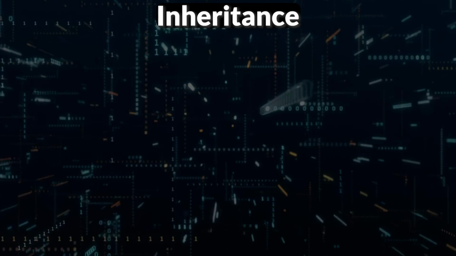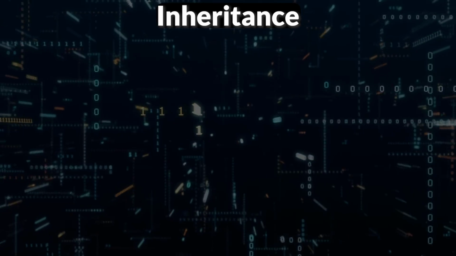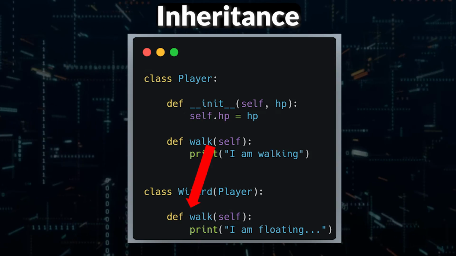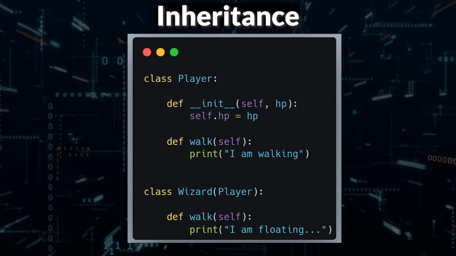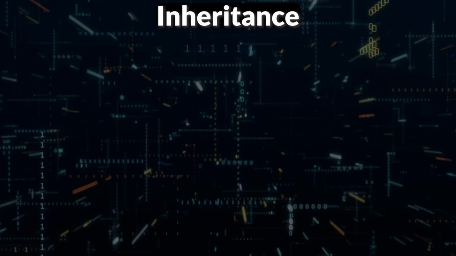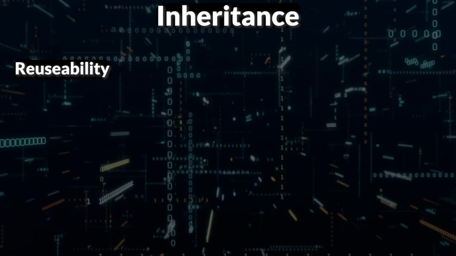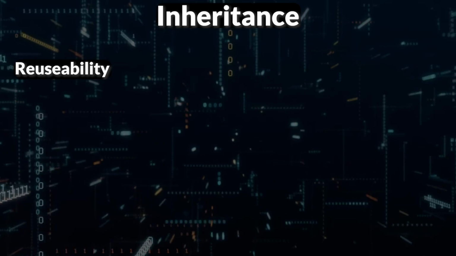Inheritance in Python, a key concept from object-oriented programming, enables a new class known as a child or subclass to derive properties and methods from an existing class, the parent or base class. This mechanism offers several advantages. Firstly, it allows for reusability, since a subclass can leverage code from the base class, enhancing modularity and maintainability.